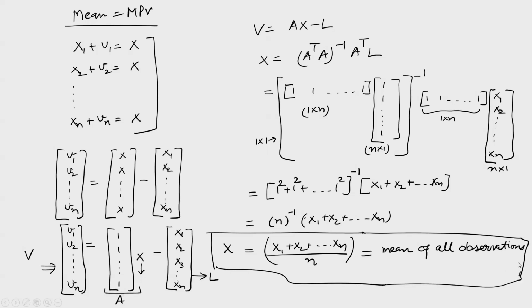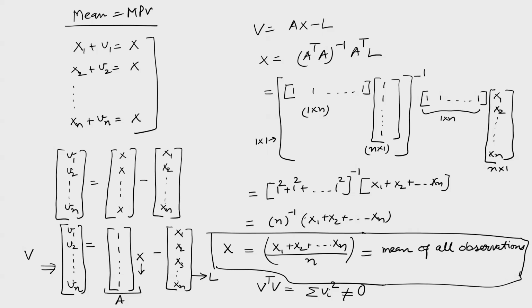Now I have proved, using the adjustment computation principle, that the mean is the most probable value, because if you calculate now the VTV, which is nothing but sigma Vi square, that is not equal to 0. In case of the true value or the population mean, it should be equal to 0, but in case of the sample mean, it is never equal to 0.